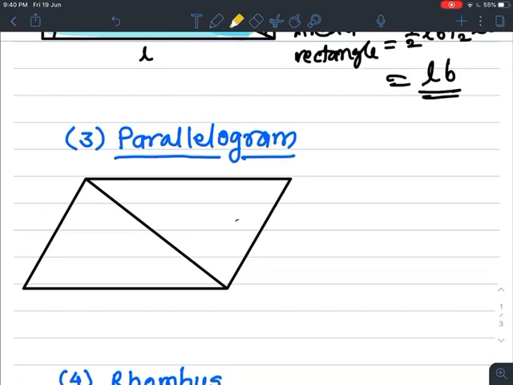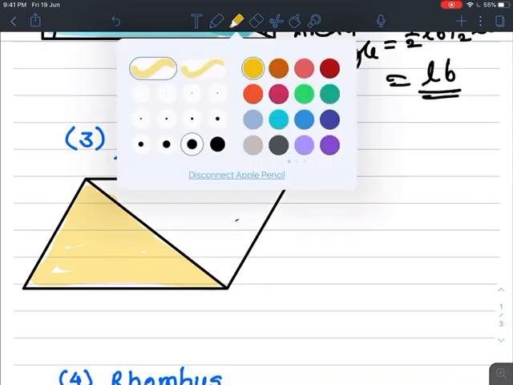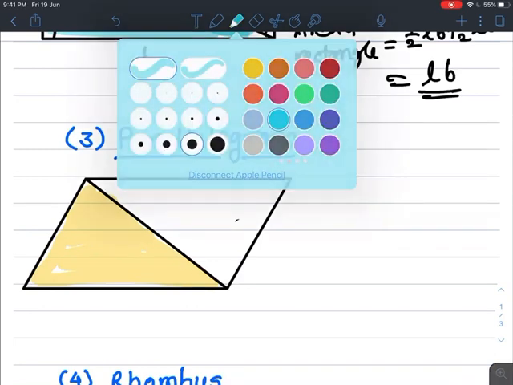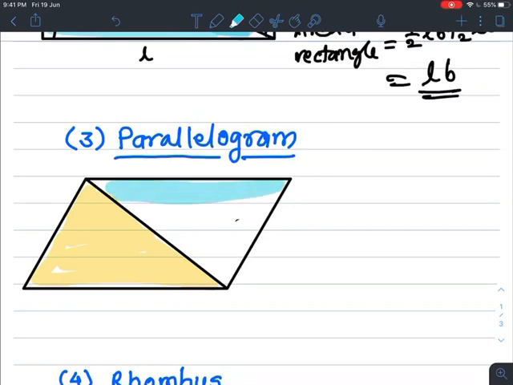Here this is one triangle, the yellow triangle, and again I will draw another triangle, the blue triangle. So we can find the area of the parallelogram. So how to find the area of the parallelogram?